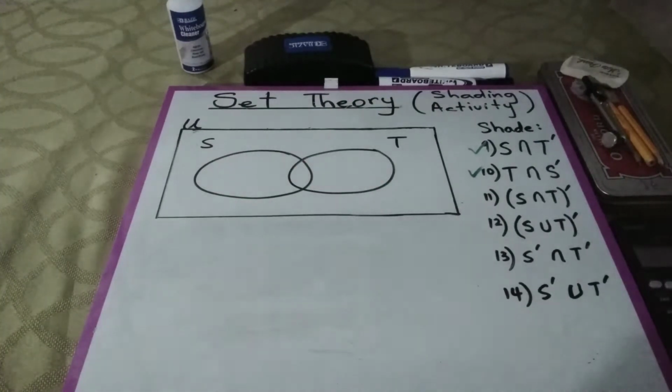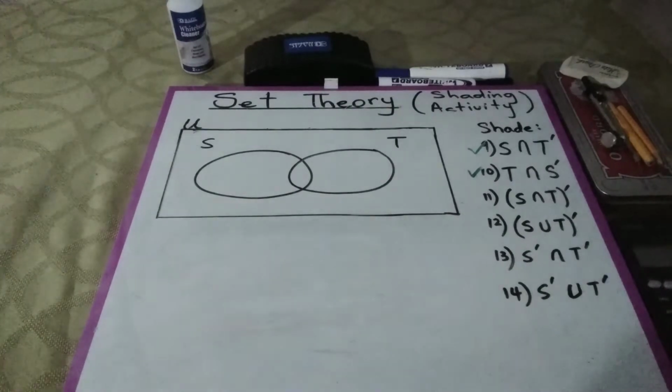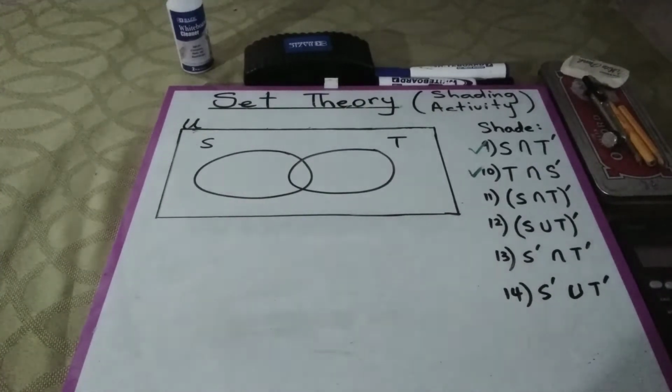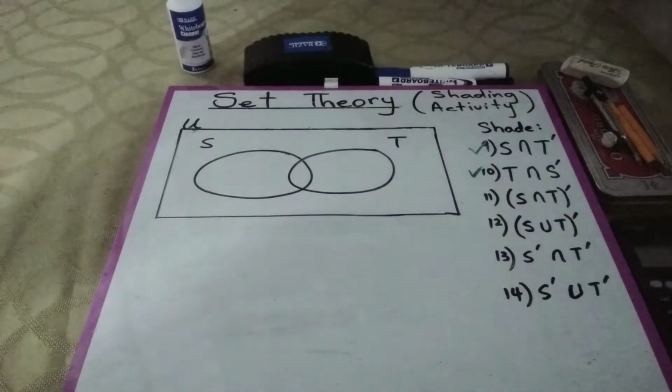Next, we need to shade, just like BODMAS does, we're going to shade what is in the brackets first, and then what is outside the brackets. All right, so we can consider what's in the bracket first. For example, S intersect T. Where do we find S intersect T?